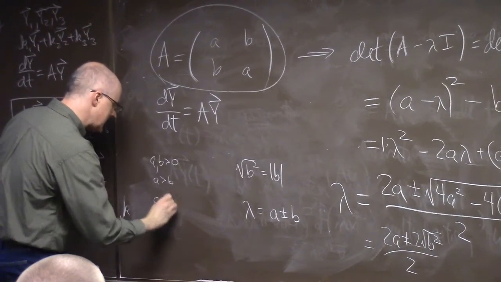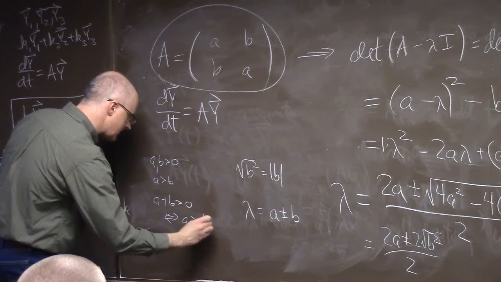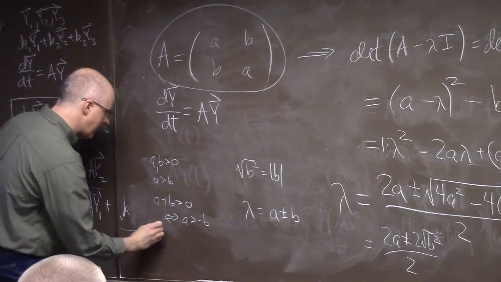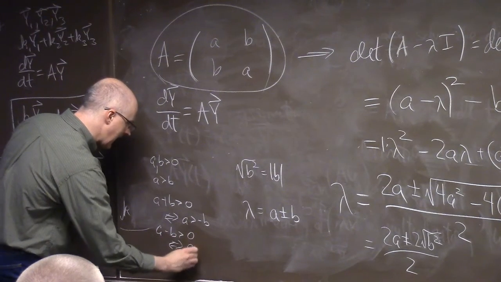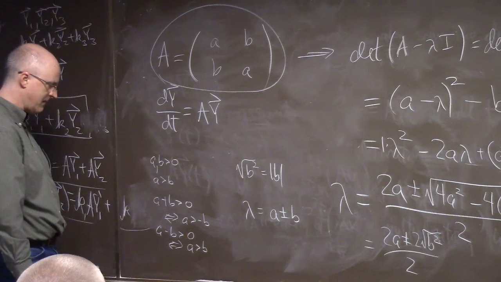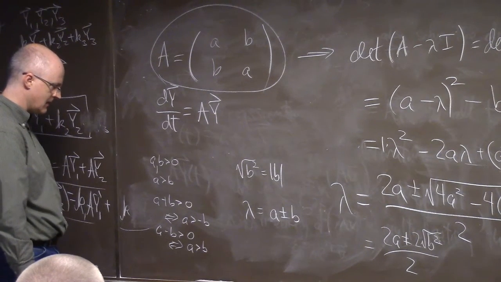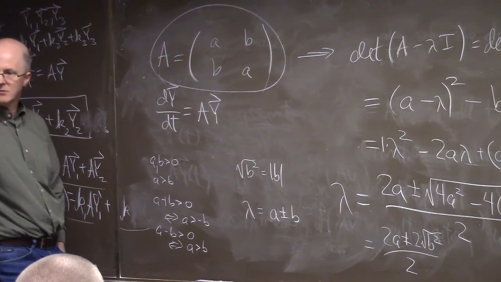A plus b is positive if and only if a is greater than negative b. A minus b is positive if and only if a is greater than b. B could be positive or negative. Looks like as long as a is greater than the absolute value of b, those will both be positive.